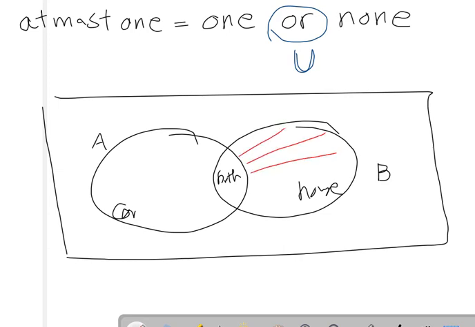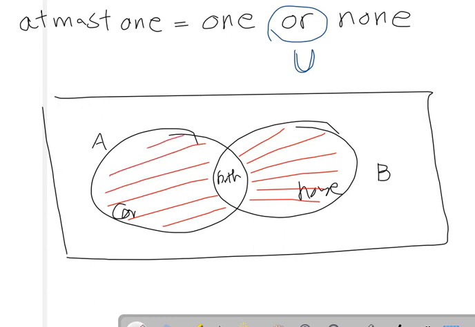One of them is the red area. It means just car or just house. And none of them is the green area.